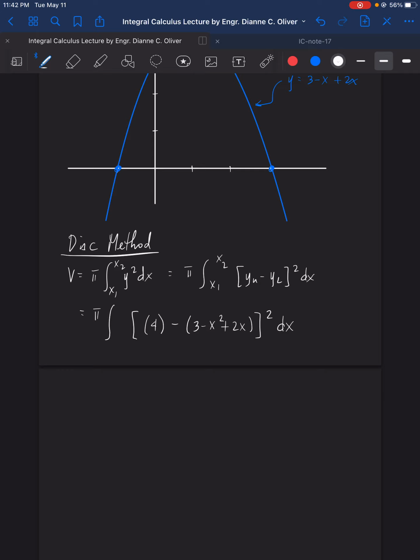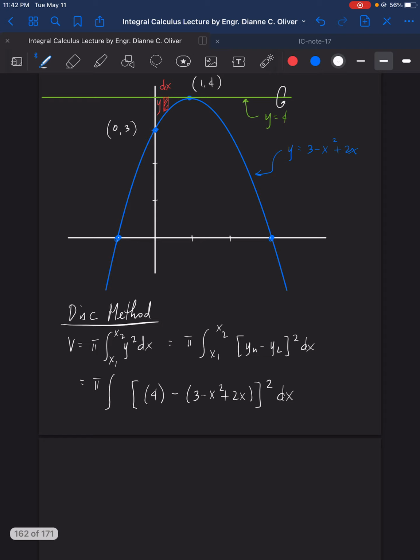Okay, and then the limits are, so we are going to use x, the limits are 0 to 1. And if you notice, we can already use our calculator here.